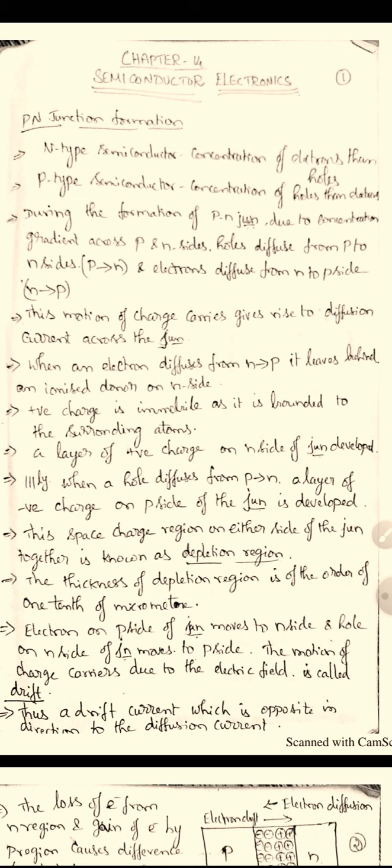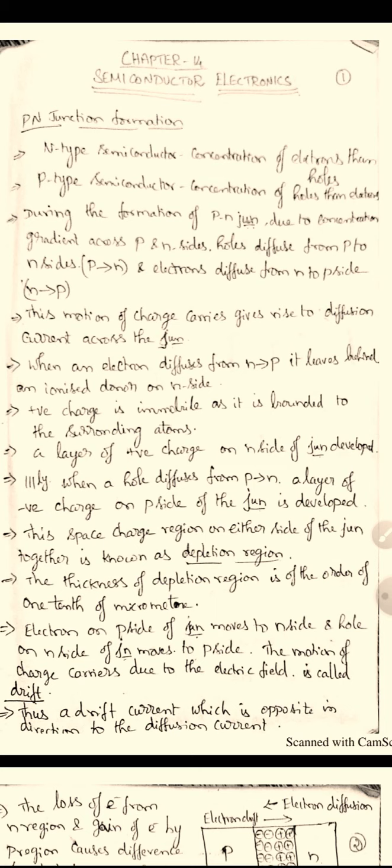So the motion of charge gives rise to a diffusion current across the junction.